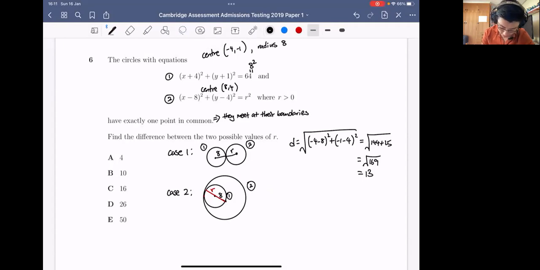So that means the distance from here to here is 13. So I guess R is equal to 5. That's one of the possible values.